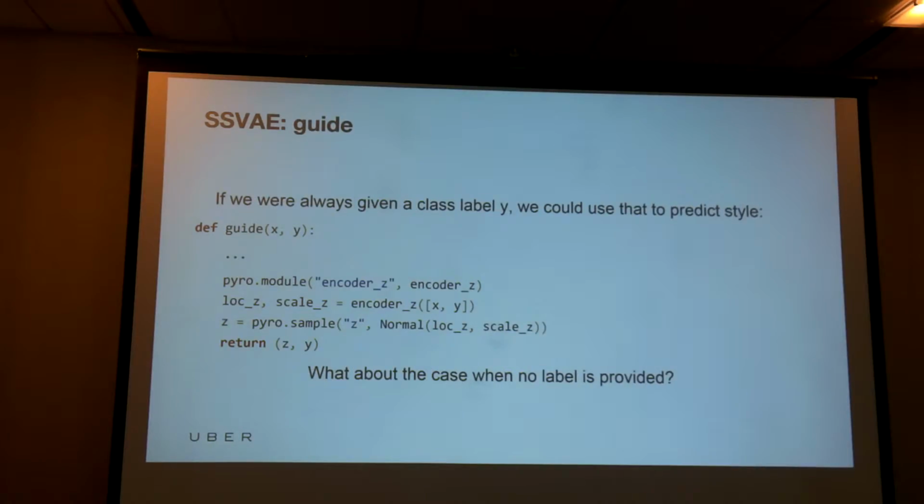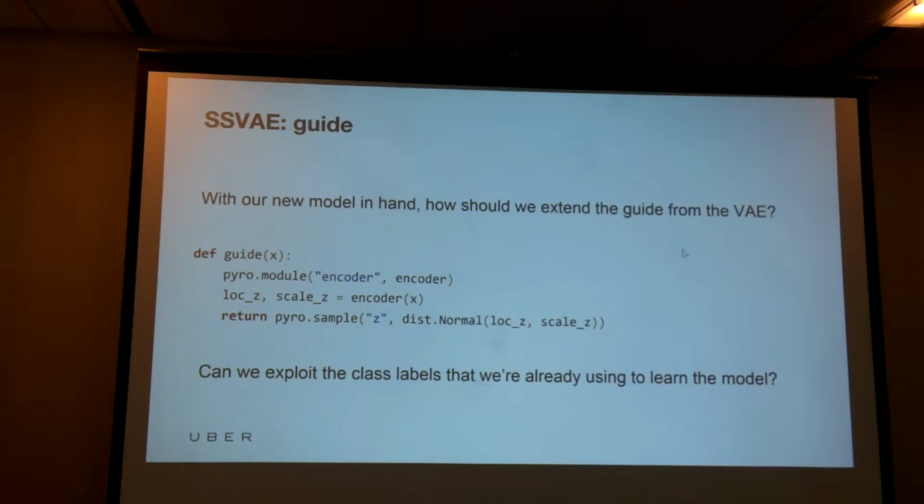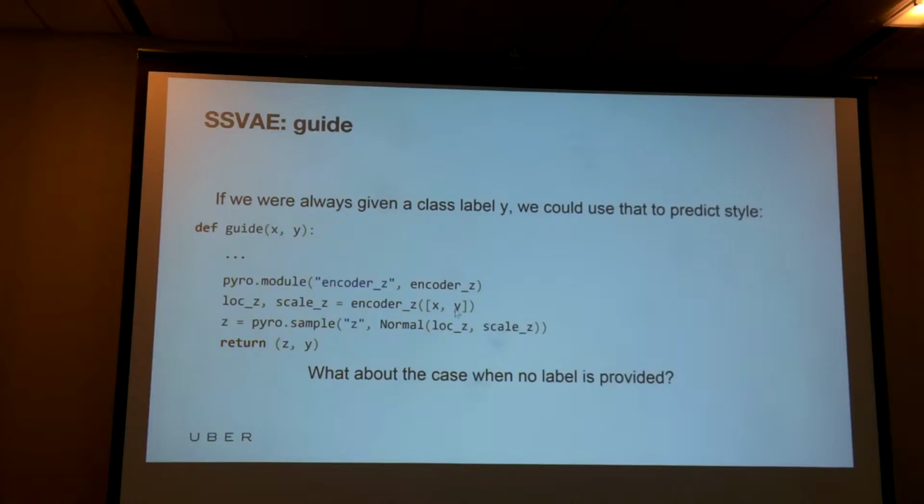So let's imagine for a moment that we were always given a class label y. We can then use that as a covariate to predict style, to predict z for a given image. If I was just given y as an input all the time, then I could just take my encoder network, this thing that takes in the data, and additionally pass in y.